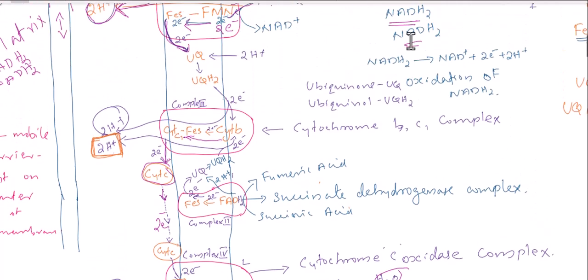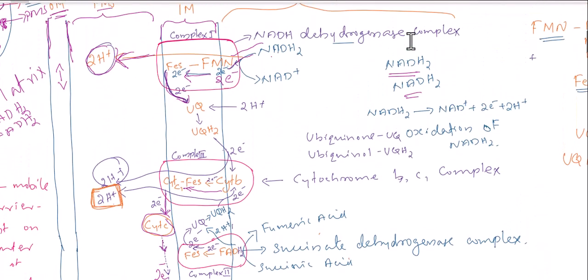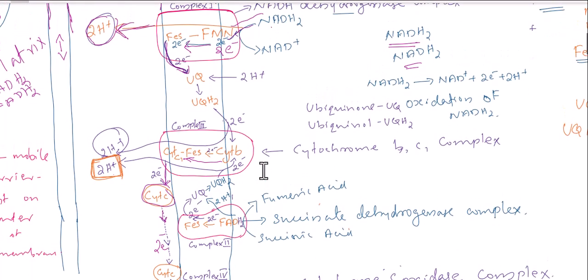We can see the flow of electrons occur, and as a result, hydrogen ions are pumped to the outside at different places, using the energy of the electron.